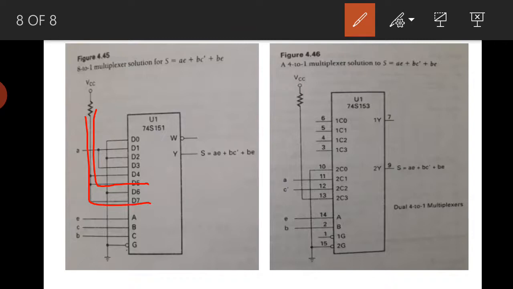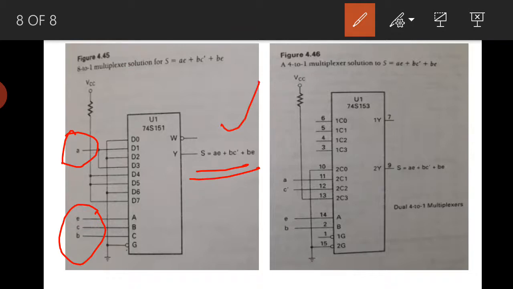Out of 4 variables, the 3 variables he has taken as select lines, and one of the variables is selected as input. The connections are made clearly such that they meet the minterms we are expecting with this equation.